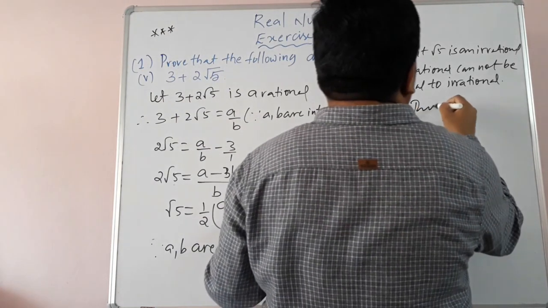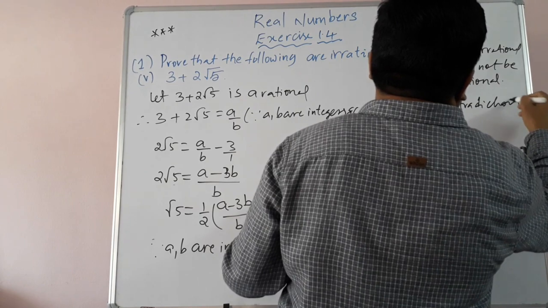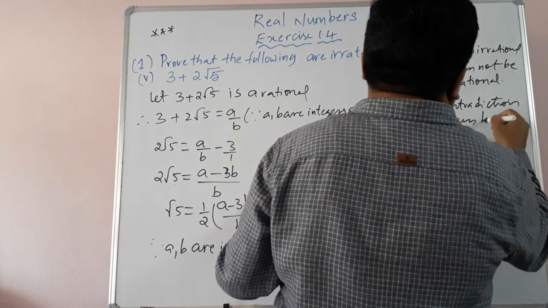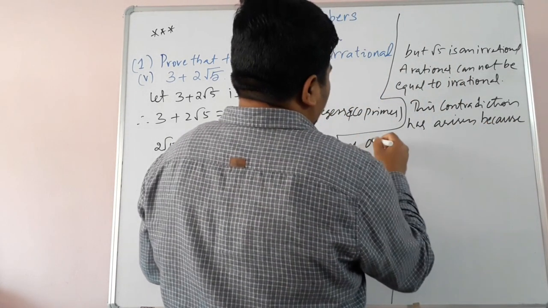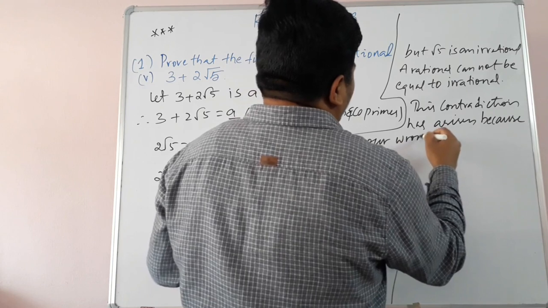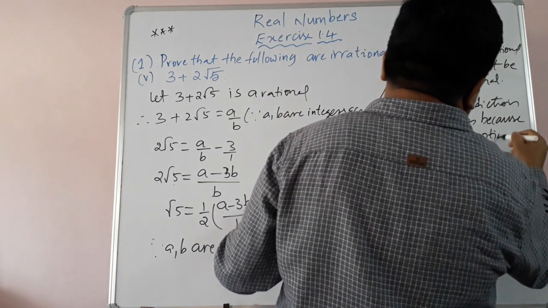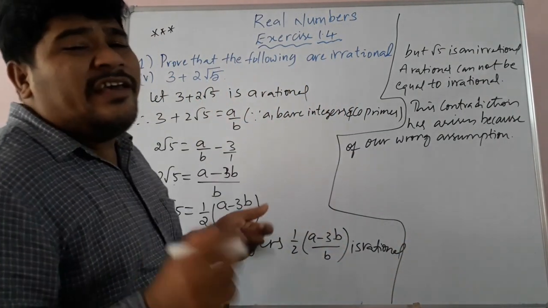So this contradiction has arisen because of our wrong assumption. So what is our assumption, children? 3 plus 2 root 5 is rational.